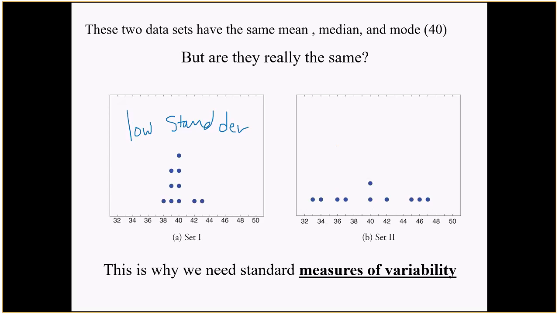And then for this one, for set 2, this one has a high standard deviation, because these numbers, these deviances, are bigger than for this one. So that's what we're going to figure out how to actually calculate.